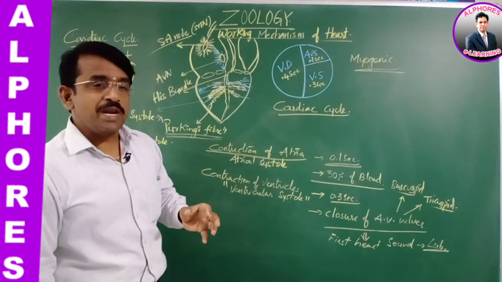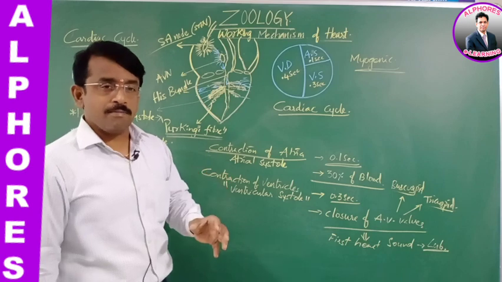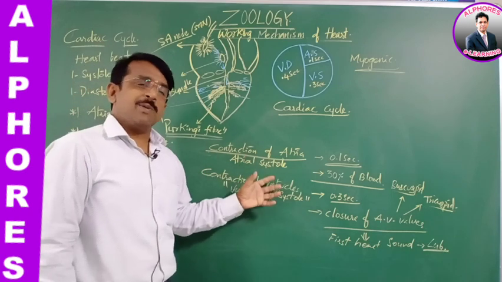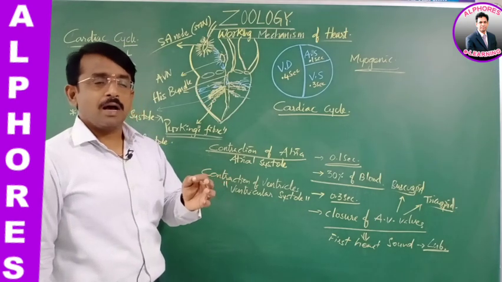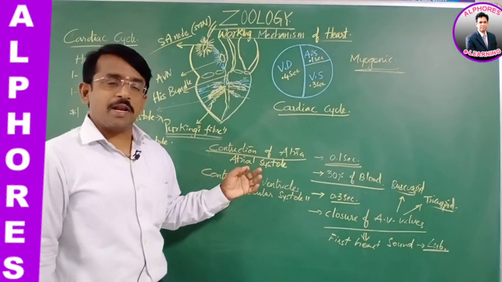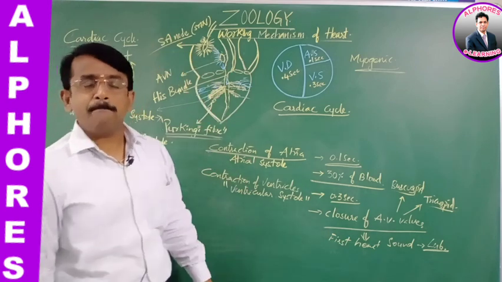This opening of the semilunar valves causes the flow of blood from the right ventricle and the left ventricle through the semilunar valves: right ventricle into the pulmonary trunk, left ventricle into the left systemic arch, the blood pumped forcibly.